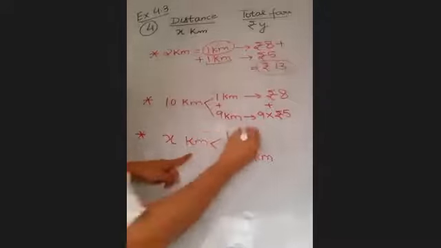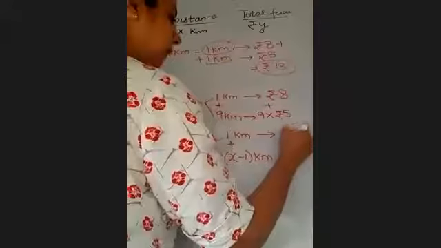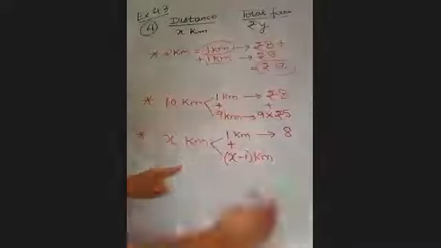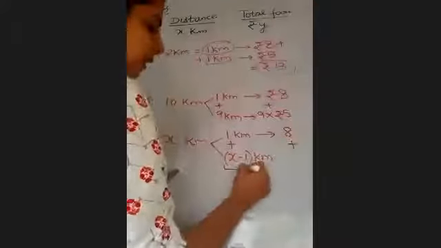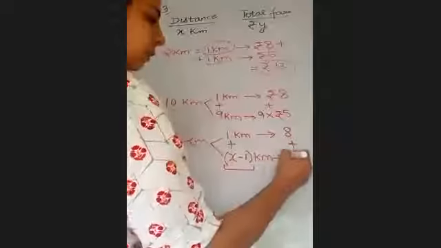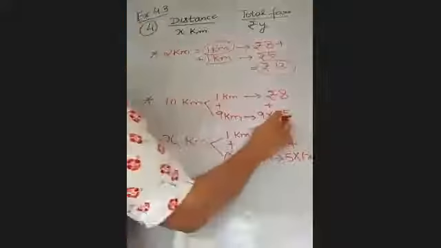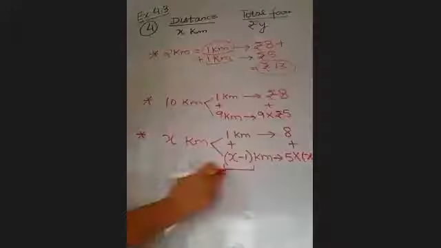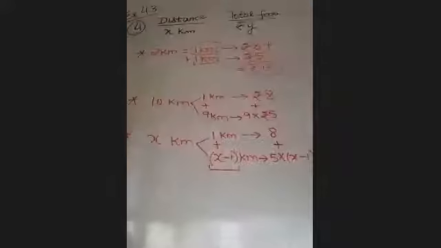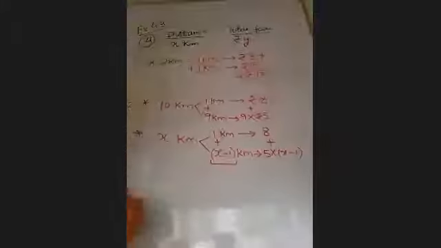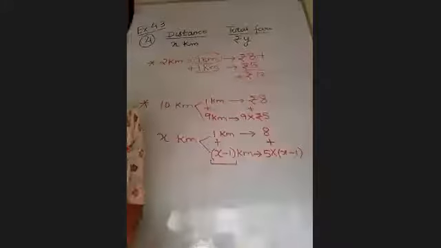Now for 1 kilometer we are paying 8. And for these many kilometers, it should be multiplied by 5, like 5 into 9 earlier. So 5 into X minus 1.